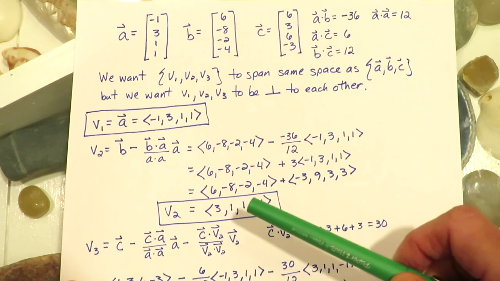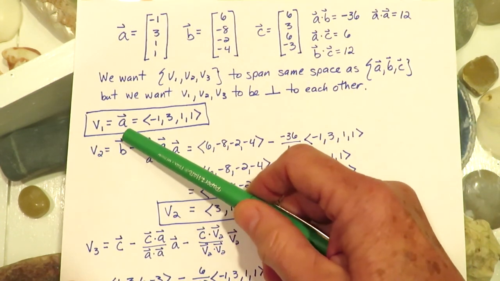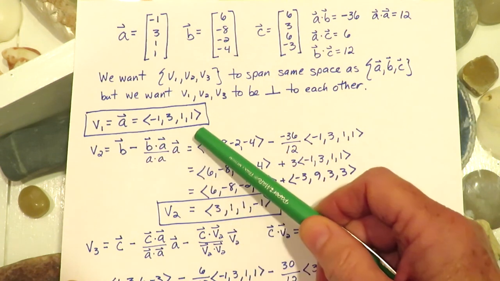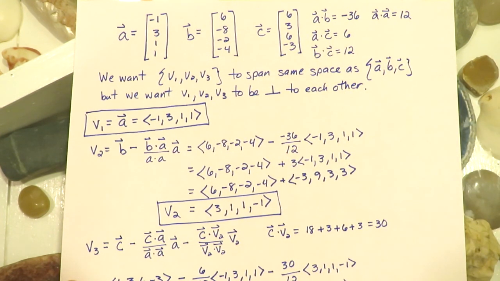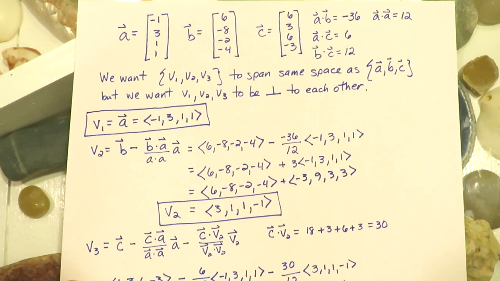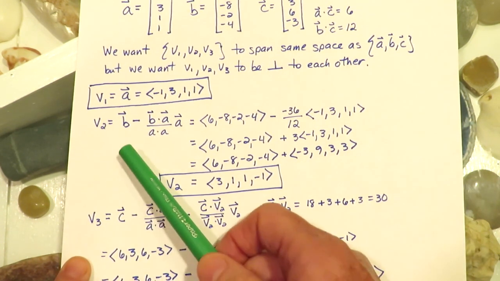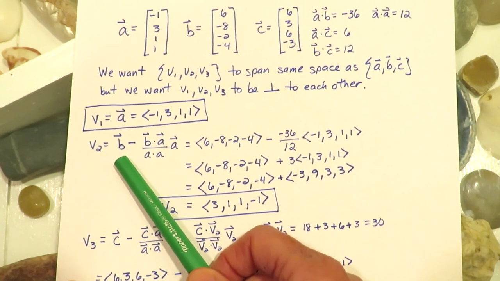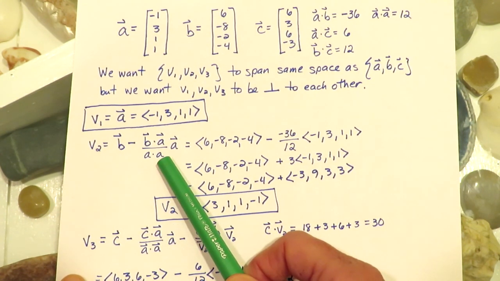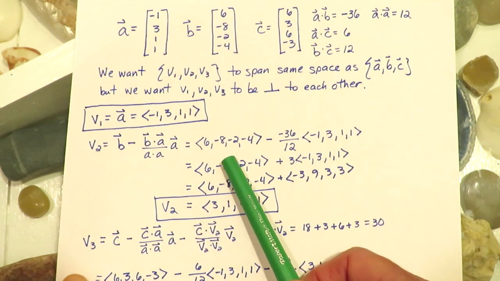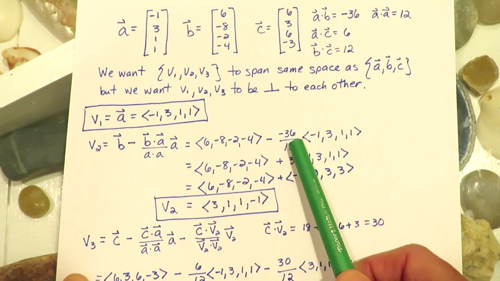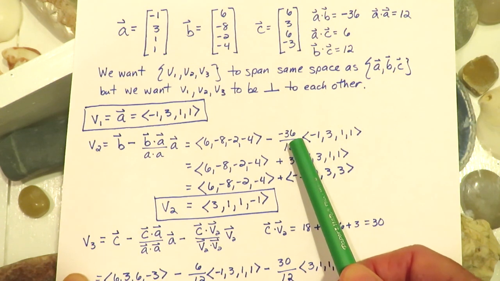So like with our other example, let's make things easy on ourselves and pick the first vector to be one of our vectors. We want it to span the same space, so it would be okay to have one of the vectors be one of our original set. So I'm going to let V1 be A. Then V2, I will compute by taking B, the second vector, and subtracting the projection of B onto A. This is vector B, (6, -8, -2, -4), and B dotted with A was -36.